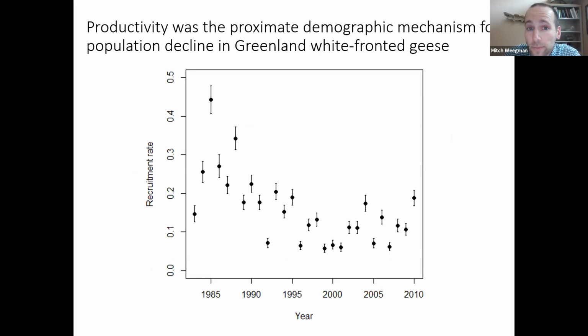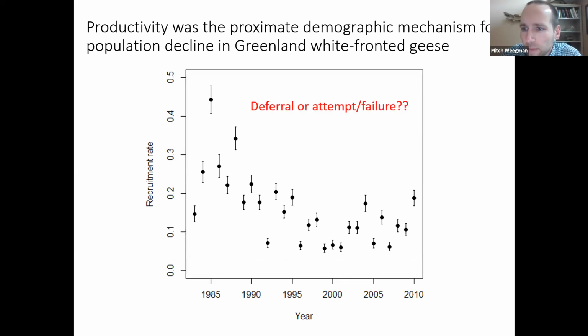So I mentioned the recent Greenland white-fronted goose population decline and how that has been puzzling for us. In a series of previous projects, we showed that the recruitment rate of these Greenland white-fronted geese has actually declined even during the period of population increase. And it's declined over the entire sequence of years in which these birds have been studied. So this is the approximate demographic mechanism for population change in these geese.